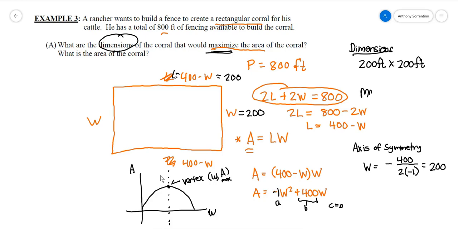The maximum area, well, I could either plug 200 into the area function and get it, or realize that if I have both dimensions, 200 times 200 is going to be 4 and 4 zeros. It's going to be 40,000 square feet.